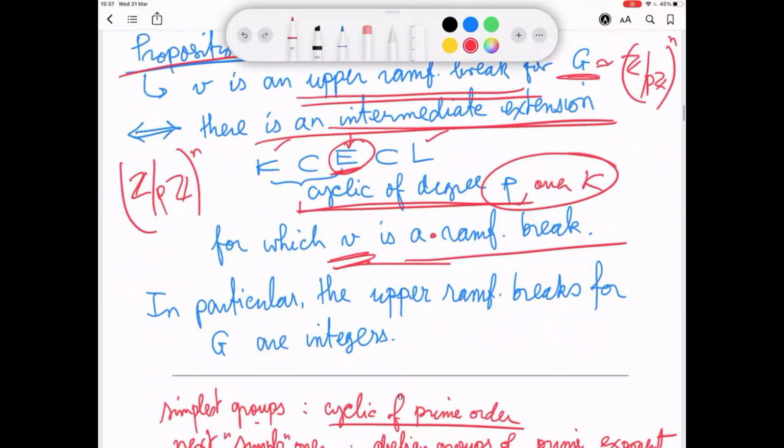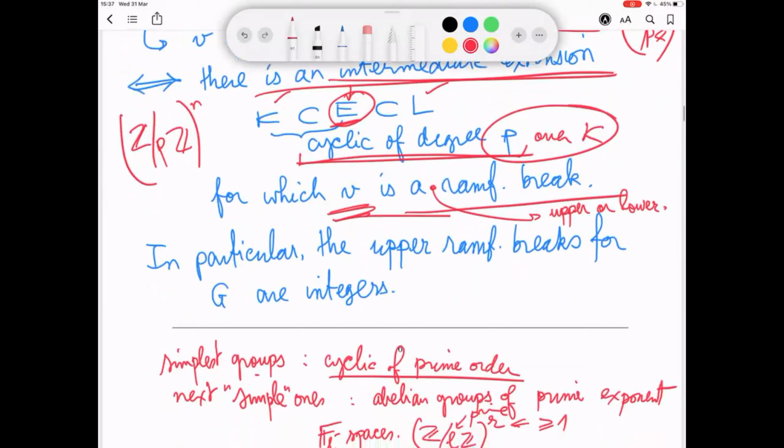Here I've not written upper or lower, because for a cyclic extension of prime degree there's a unique ramification break, and it's the same in the upper as well as the lower numbering. So you could insert upper or lower here, it doesn't matter.